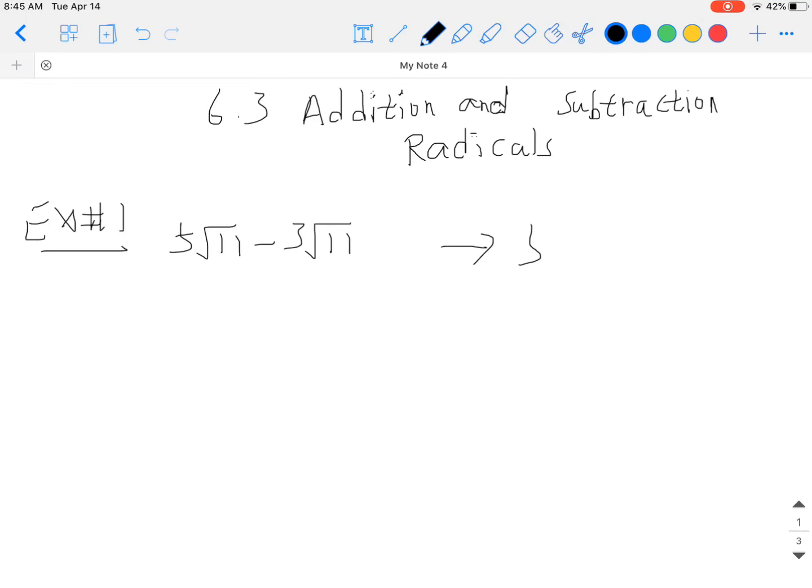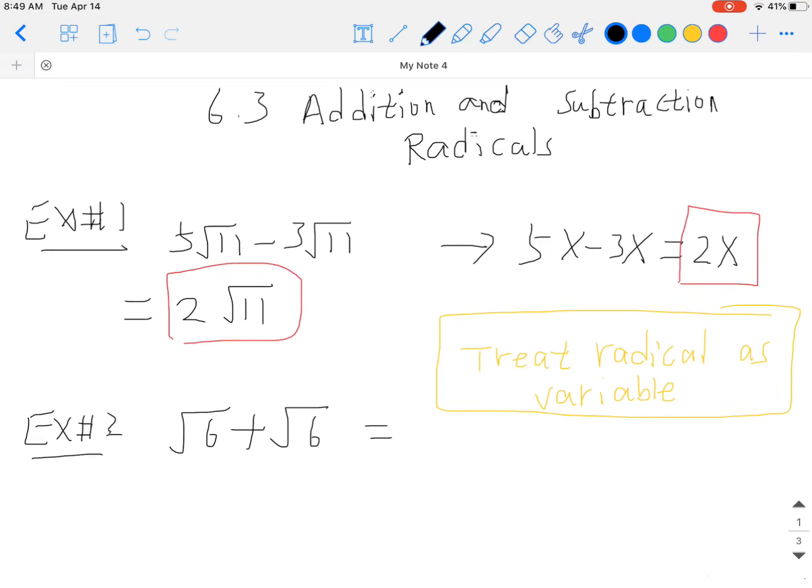If you assume what's 5x minus 3x, that's equal to 2x. And as before, we assume radical 11 is x. Now, as long as they share the same radical, they subtract. Then I should have 2 radical 11. So the trick to do this is you have to treat the radicals as variables.